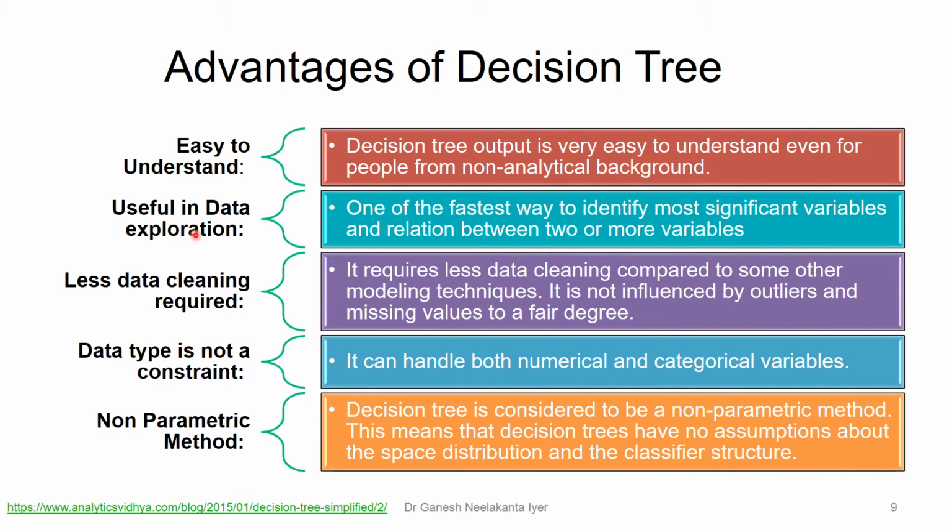It is not influenced by outliers and missing values to a very fair degree. And data type is not a constraint. It can handle numerical and categorical data. It is also called a non-parametric method. This means that decision trees have no assumptions about the space distribution and the classifier structure.